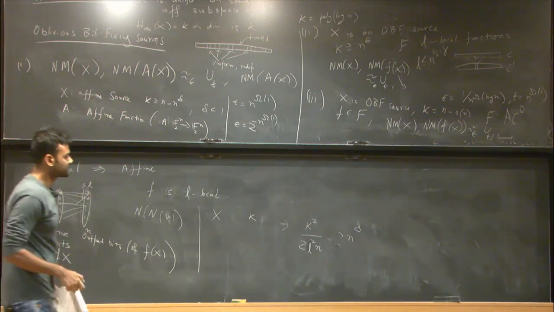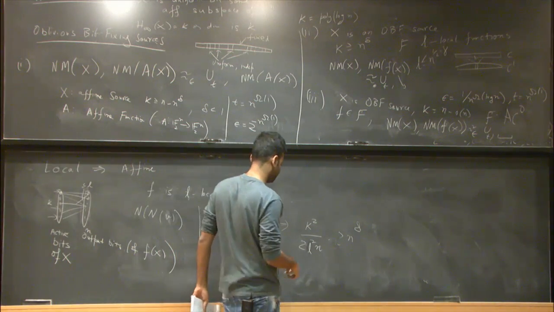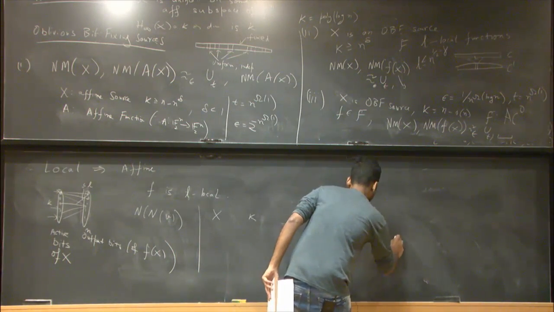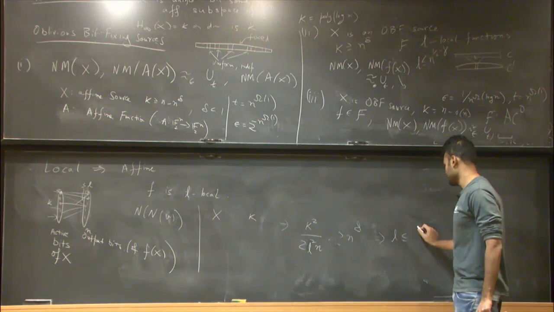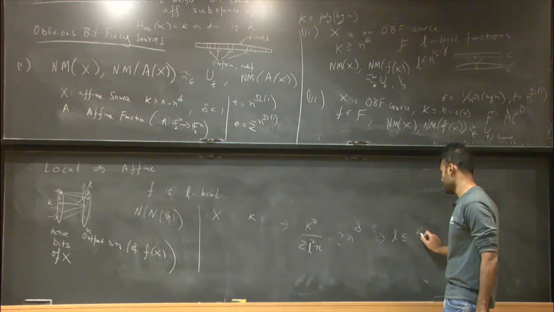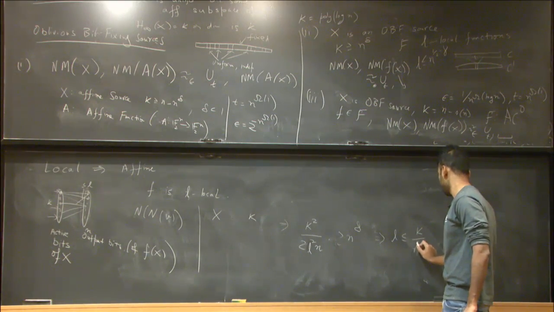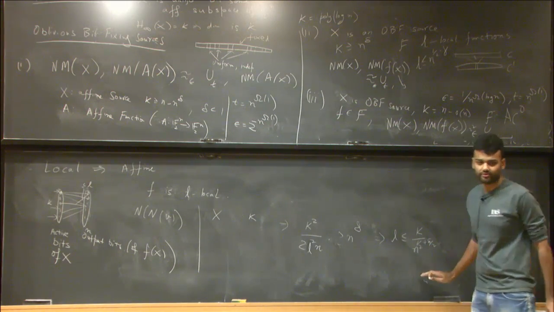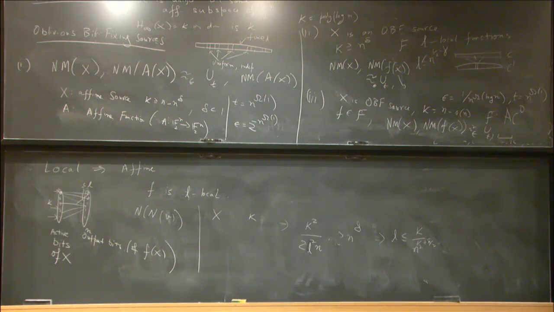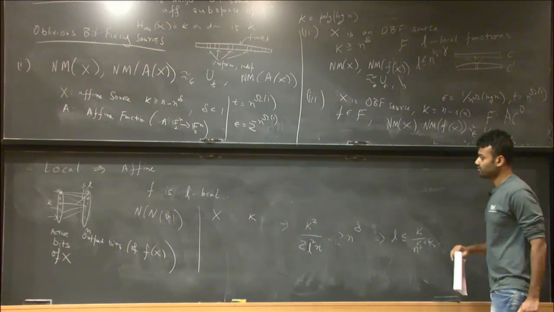So it's saying that you get an upper bound on the locality that you can handle.